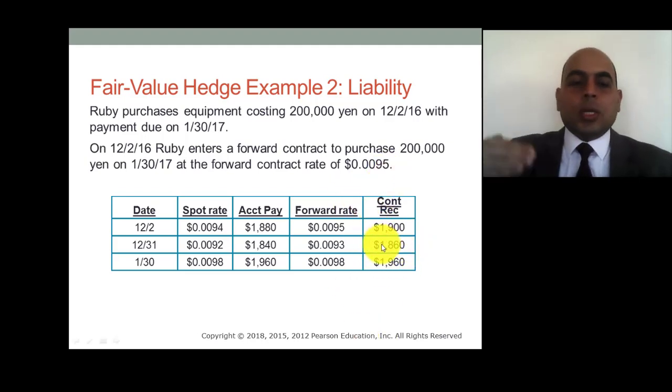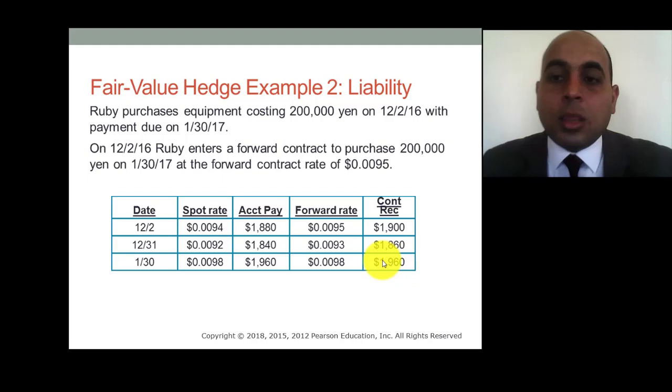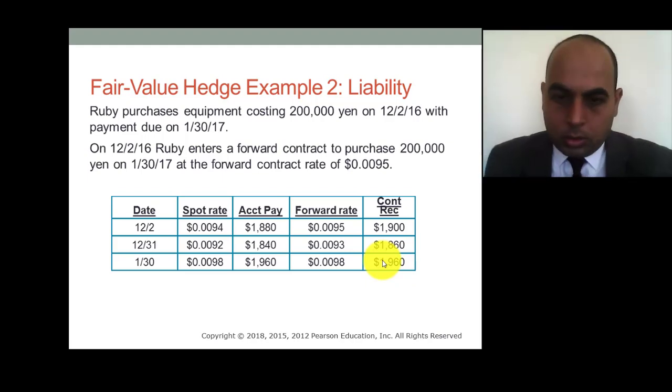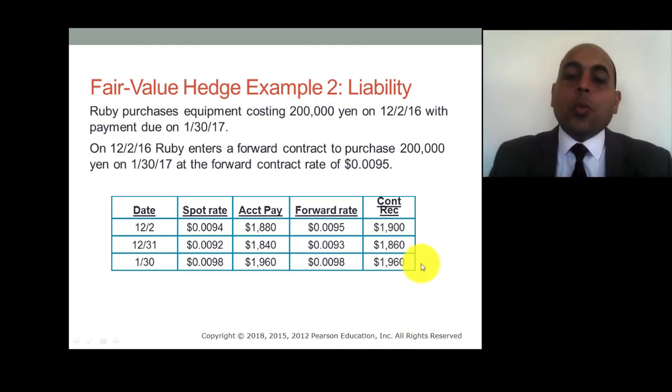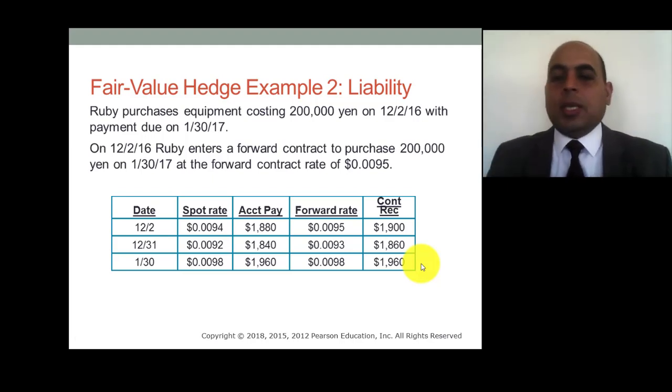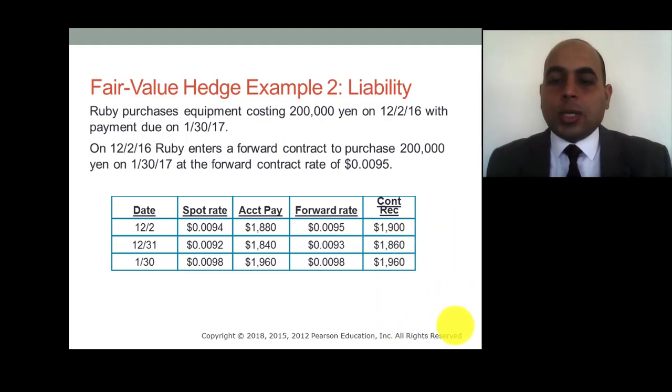When we move to the settlement date, 30 January, the value of the 200,000 yen that we will receive increased to 1,960. So it means that we have a gain, as the value of the receivable increased from 1,860 to 1,960.